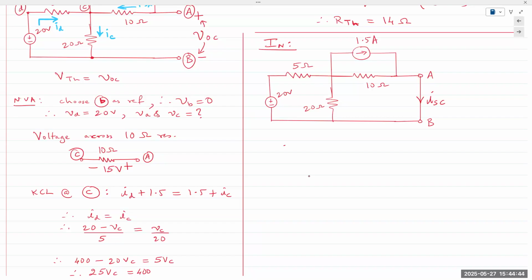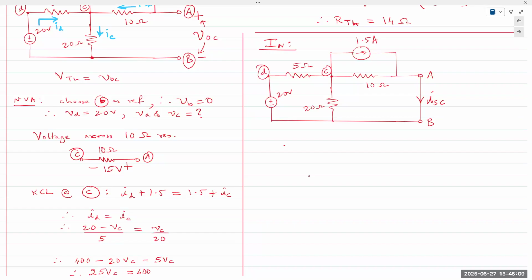So in this circuit, we mark A, B, C, and D, right? Because of the short circuit, A and B are exactly the same. So that takes out one node, right? So now we are effectively left with only 3 nodes.